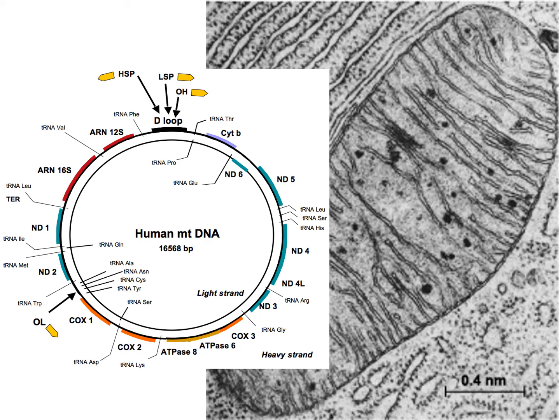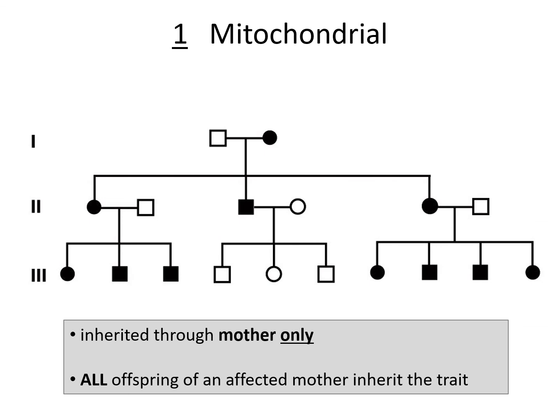And the mitochondria in the zygote, therefore, all came from the mother. So if there is an issue with a mitochondrial gene, if that issue is in a father, it won't be passed to any of his children. If it's in a mother, it'll be passed to all of her children, male and female. So notice it's inherited only through the mother, and all of the offspring are going to be affected if the mother is affected.